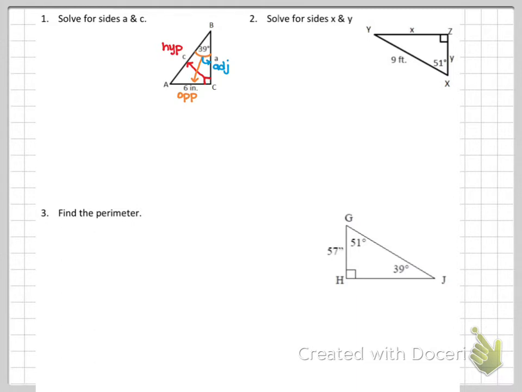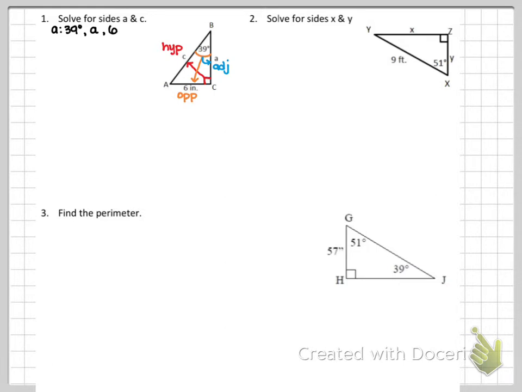So I want to use the 39-degree angle. So here's what I'm thinking. If I want to solve for A, I'm going to use the 39-degree angle. I am going to use the letter A. It's got to have it, so that's what I'm looking for. And I'm going to use the 6.